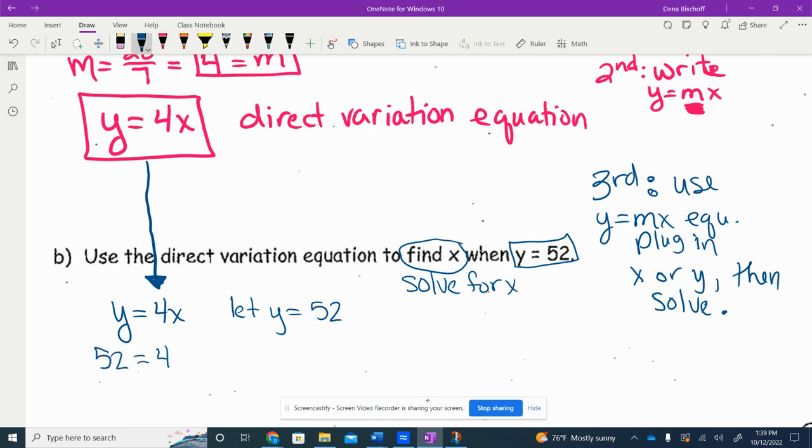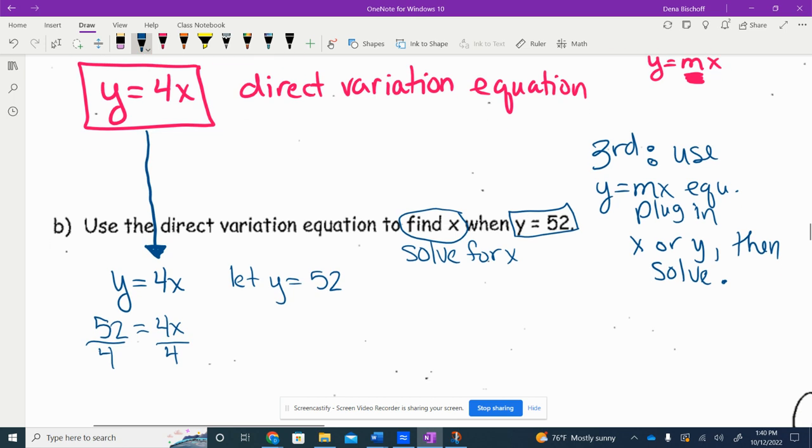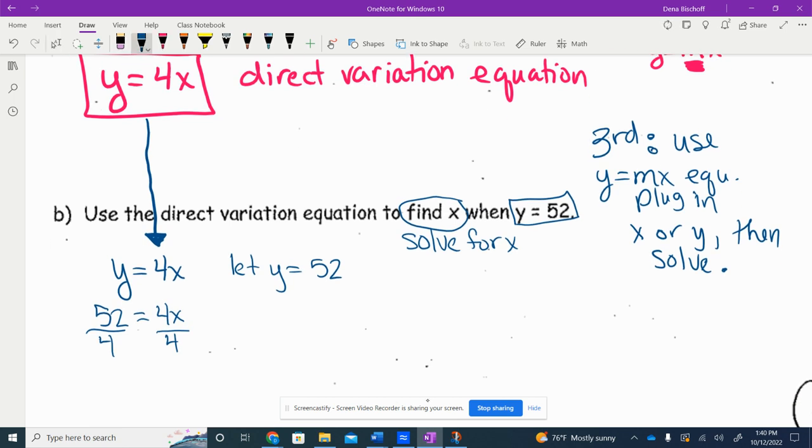So 52 equals 4x. I'm trying to solve for x. So what do I do? Divide both sides by 4. Thank you, Hayden. 52 divided by 4 is 13. 13 equals x.